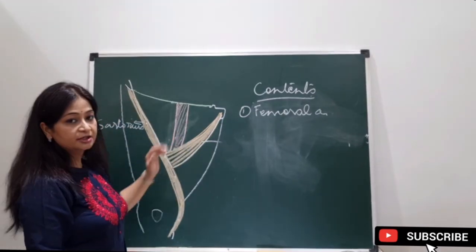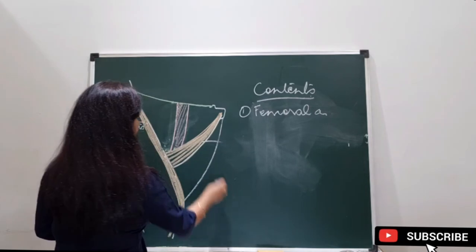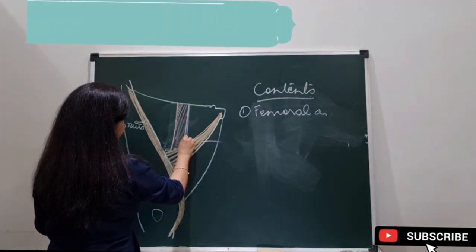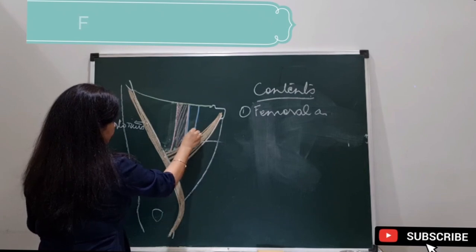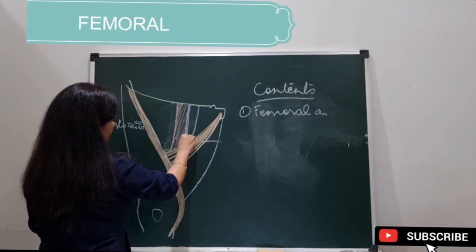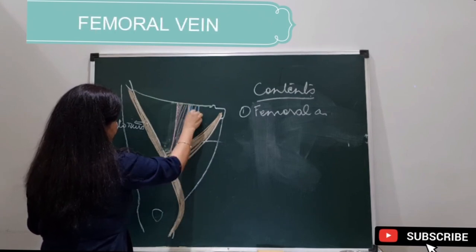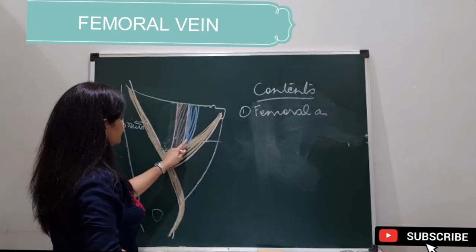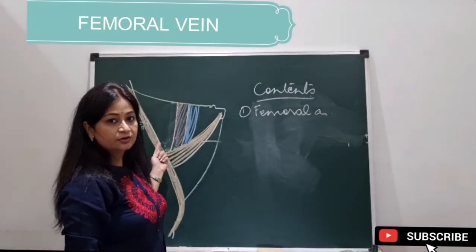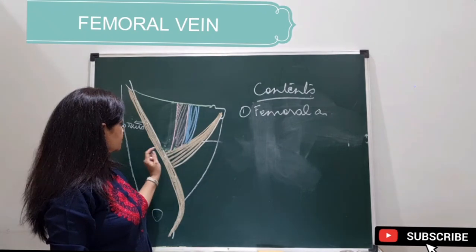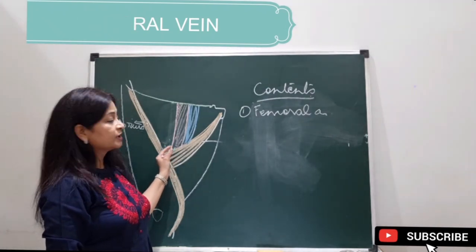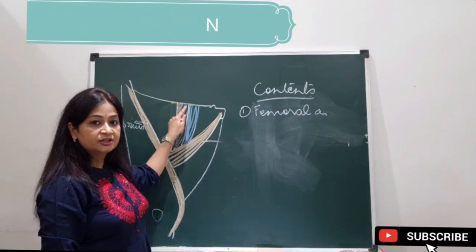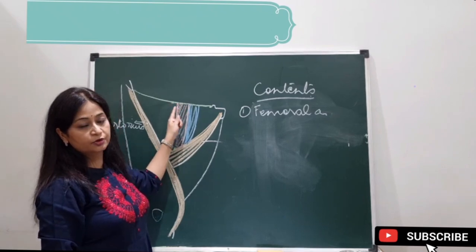Now just medial to the artery lies the femoral vein. But it is important to note that at the apex of the triangle, the vein moves posterior-medial to the artery. So at the apex, the artery lies anterior, while at the base, the artery is lateral to the femoral vein.